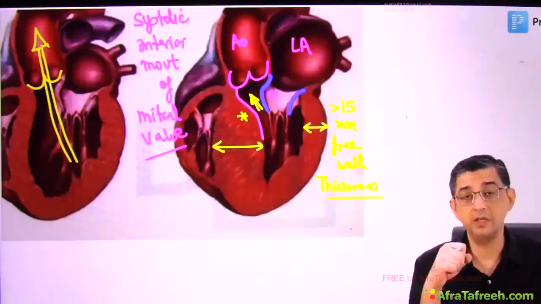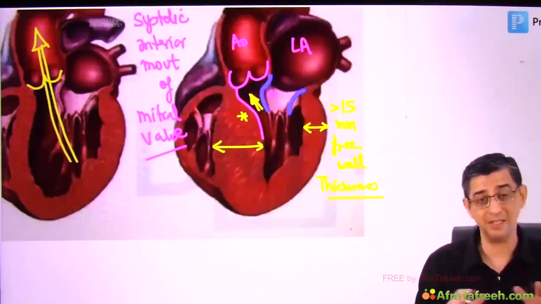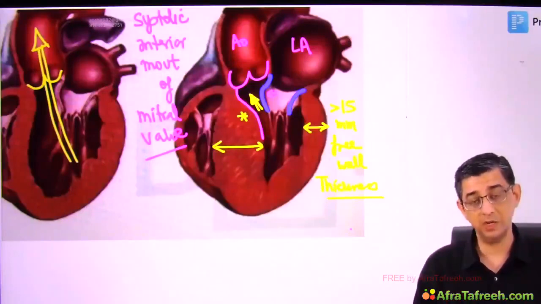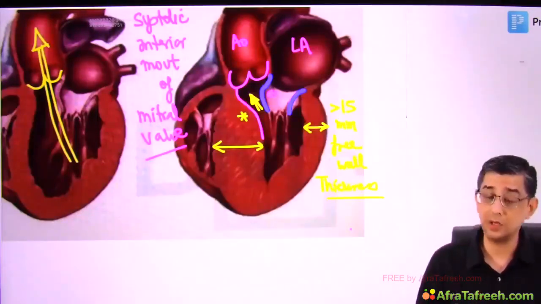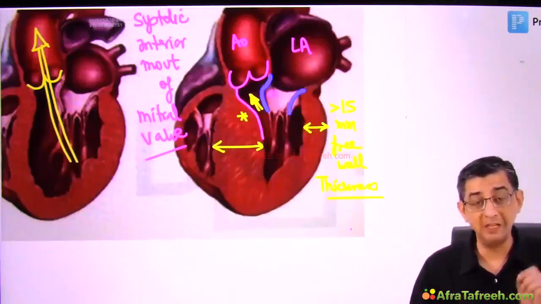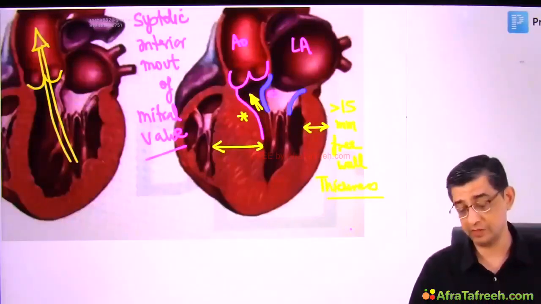And to prevent this sudden cardiac death, what we are going to do is the main focus of this entire discussion. Ultimately the question will boil down to this: he'll give you a case of hypertrophic cardiomyopathy of the obstructive variety and ask you what is the main life-saving intervention that you as a physician can do to save the life of this person.